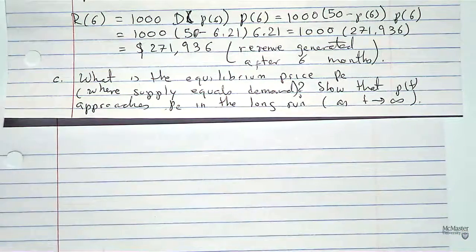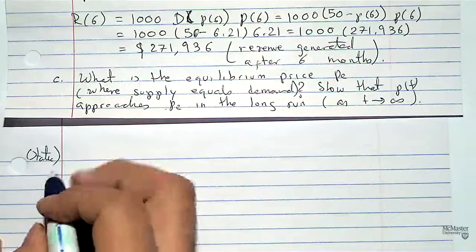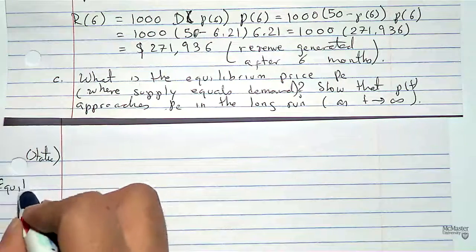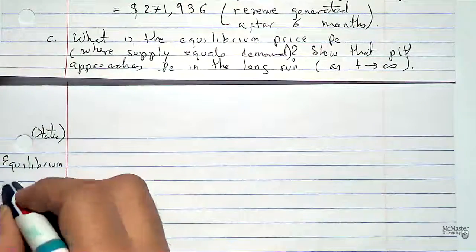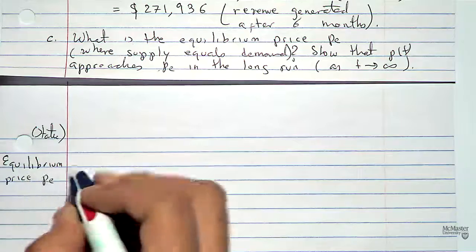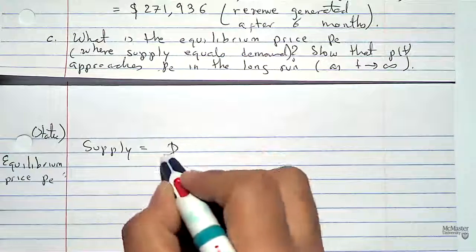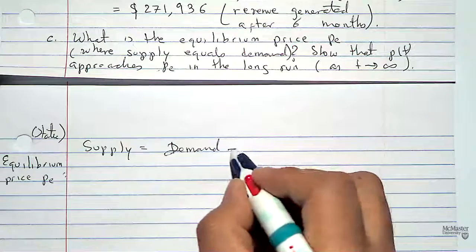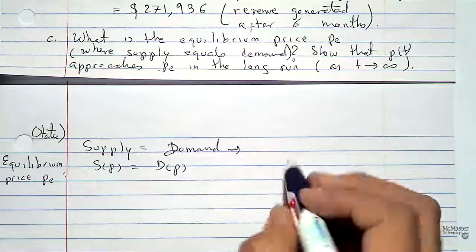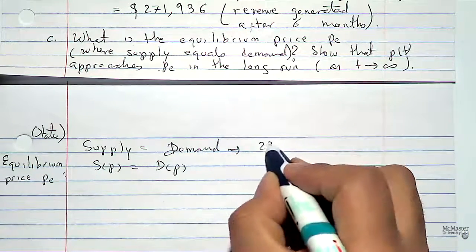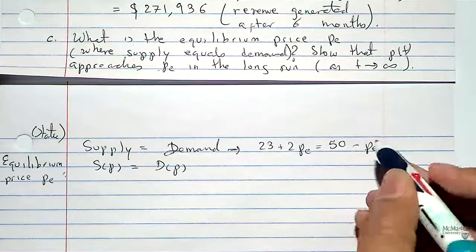So, in the static case, you have the equilibrium price P(E), which happens when the supply is equal to the demand, meaning that S(P) is equal to D(P), which means 23 plus 2P(E) is equal to 50 minus P(E).